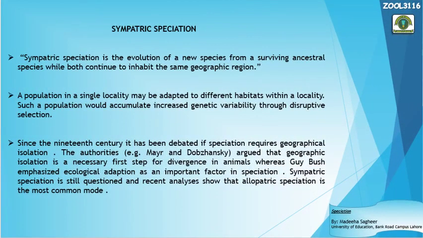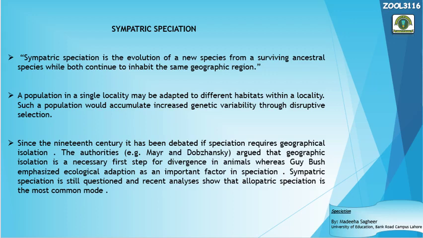Okay, another major mode of speciation is sympatric speciation. Sympatric, as its name suggests, sym means together. In contrast to allopatric speciation, in which the population is subjected to some physical barrier in between, here this is not the case.